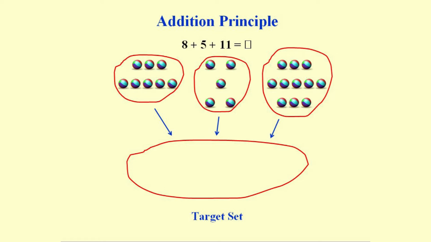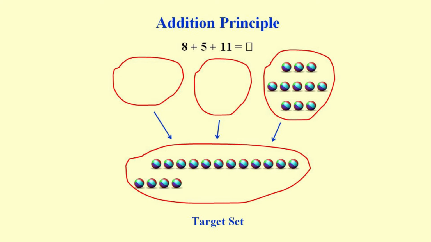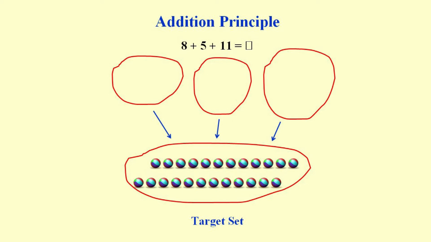The addition principle says that if I take those three groups and merge them together into a single group, the target set, and I'll do that in an animated way, merging the first group, then the second group of colored balls, and finally the third set of 11, into the single target set, what we want to know is the size of that target set. How we determine that size becomes a computational strategy.